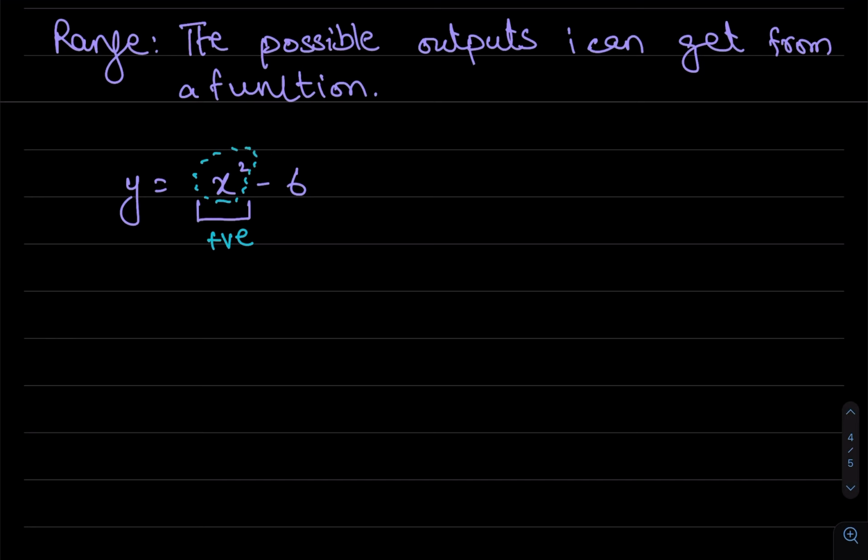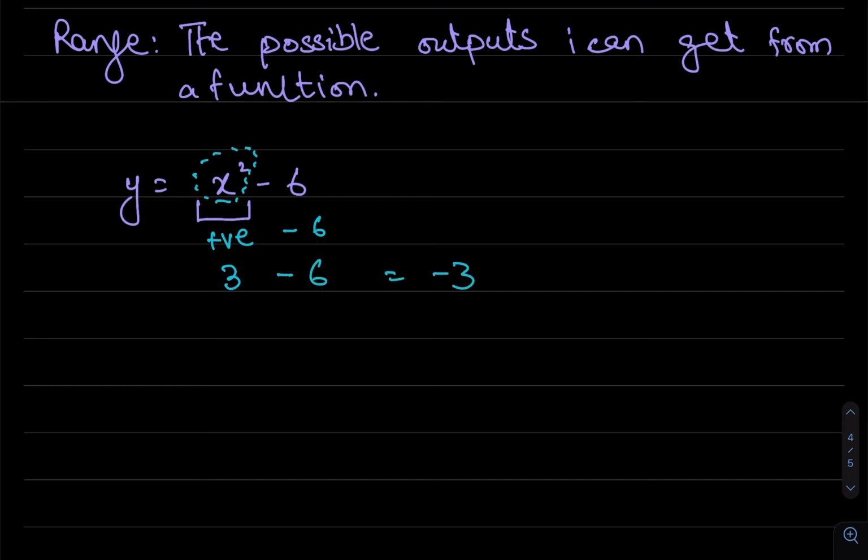This is the thought process behind solving these questions, and if you don't think this way, you're going to get in trouble. Now x squared minus 6. x squared is always going to be positive, right? There's nothing new about that. And then you've got negative 6 in front of it. So let's say your positive number was 3, we did 3 minus 6, we got negative 3.